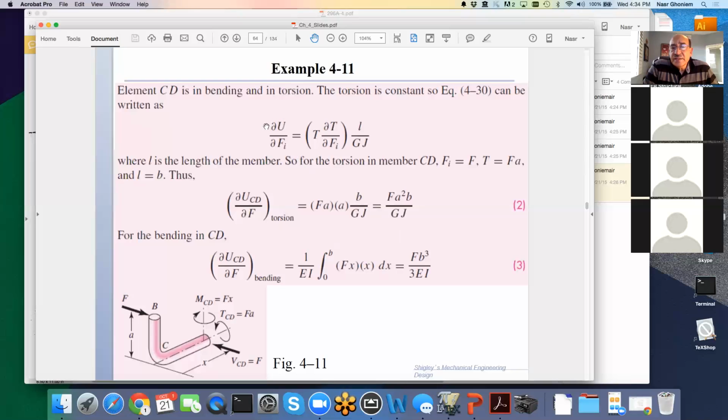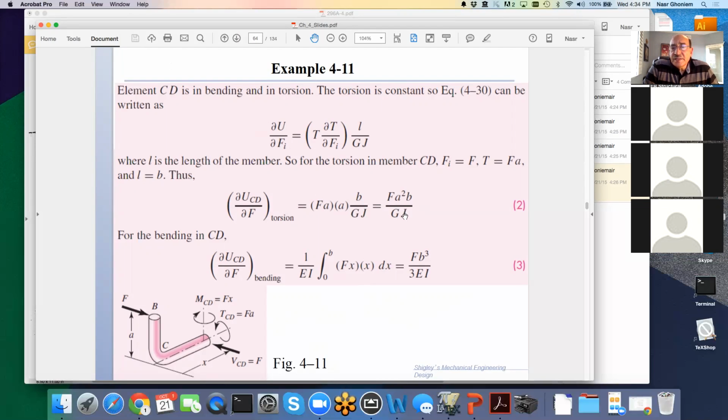So if you look at the torsion part, dU by dF is T dT by dF over GJ. And the torque is Fa. Its derivative with respect to F is A. And the integration gives us the length, which is B. So there's no integration here because the torque is constant.